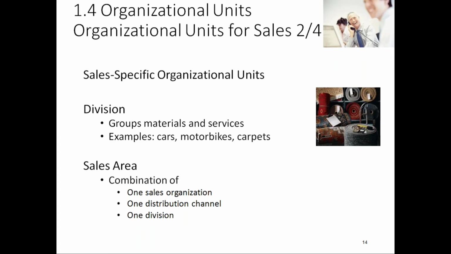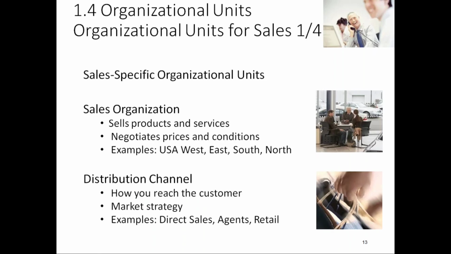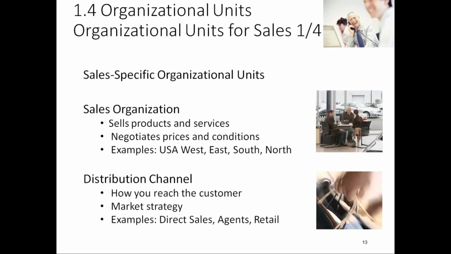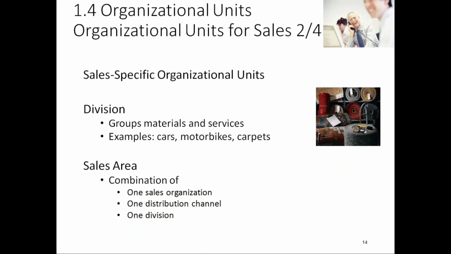Again, from a sales point of view, it is very important to know your sales organization, distribution channel, and division. These are all the mandatory organizational structures that you need in order to use any of our sales transaction codes in the system. It is based on sales organization, distribution channel, and division.